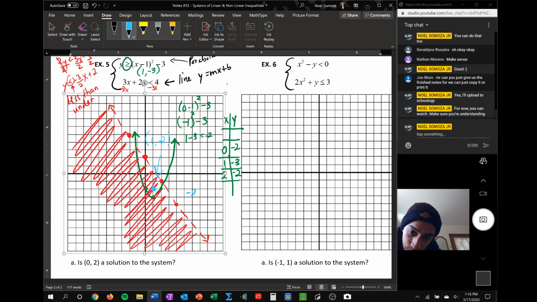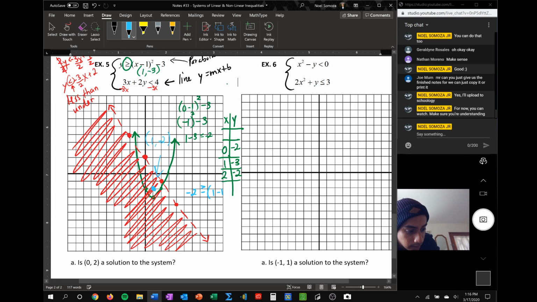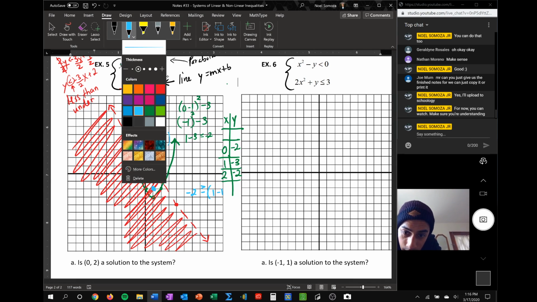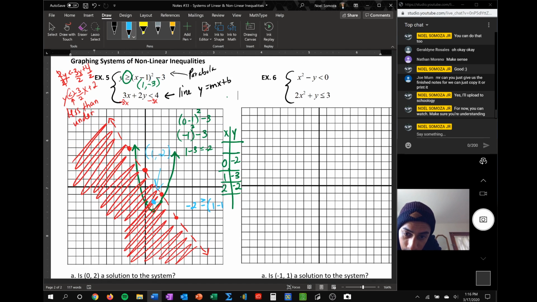That'll be negative 2 greater than or equal to 1 minus 1 squared, and then minus 3.